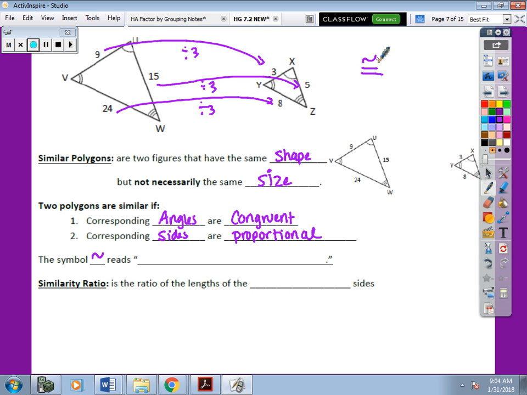So we would say, based on this one, triangle UVW is similar to triangle, you do have to match up the corresponding parts, XYZ. And that would be read as is similar to. The similarity ratio is the ratio of the lengths of the corresponding sides.